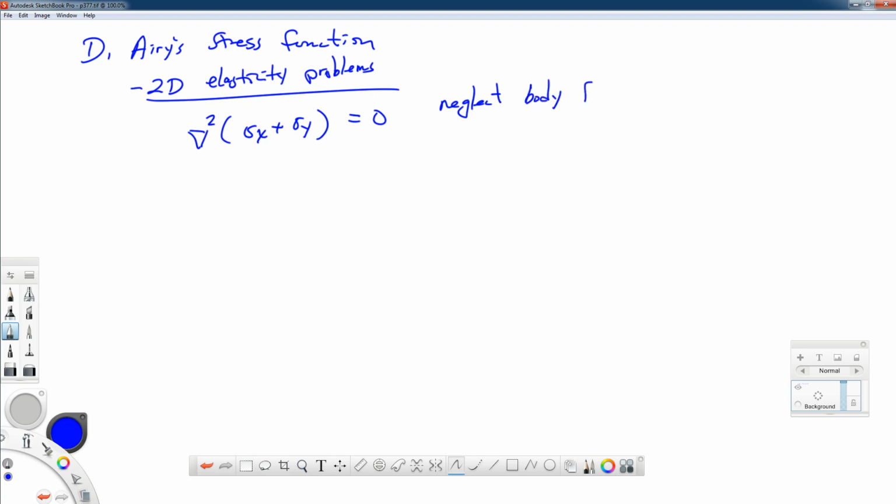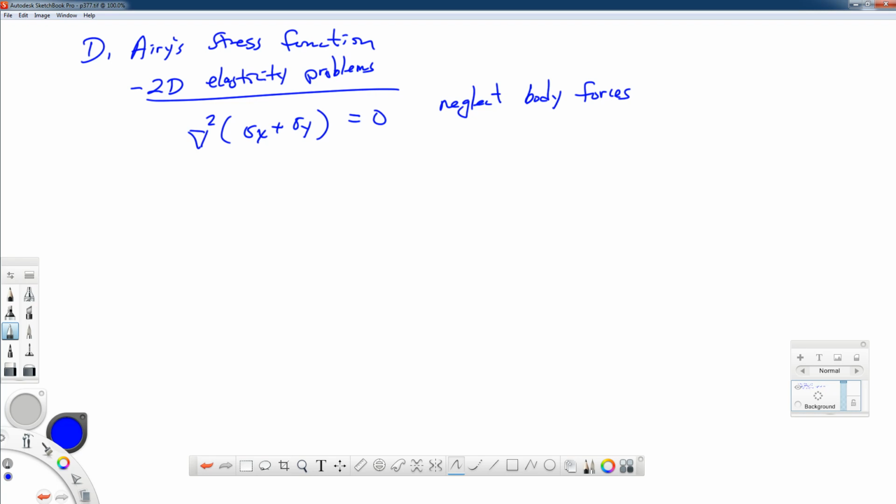Now, there is a way to incorporate body forces into Airy's stress functions. Most of the problems that we're going to work as examples won't have that need. And we might do an example a little bit later on that does have body forces. For now, we're just going to straight up neglect body forces.